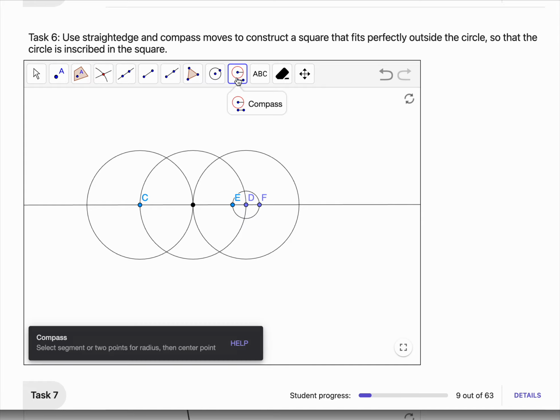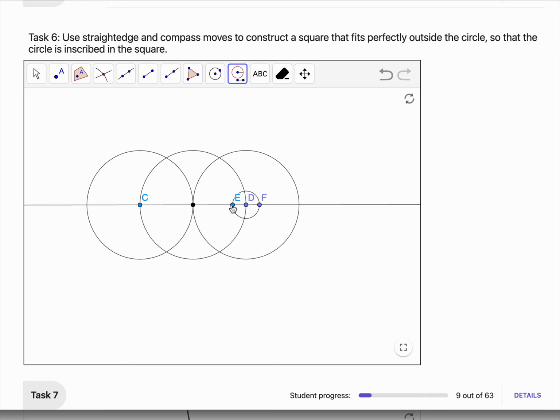Now I can use my compass tool and make a perpendicular bisector that's going to hit D, because it's going to go halfway between E and F, right? To be a bisector means to cut in half, and we know that D is halfway between E and F. And a perpendicular bisector is perpendicular.